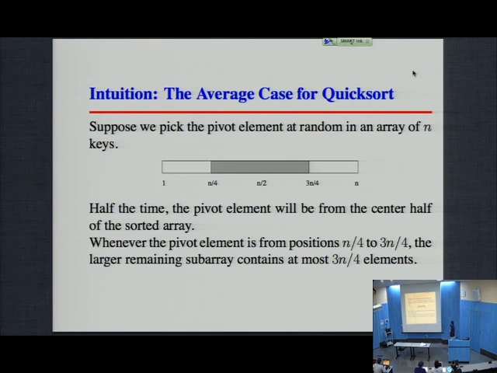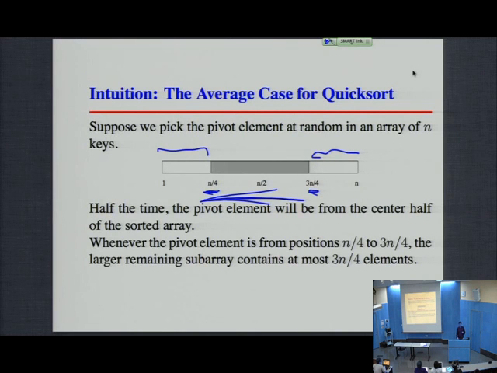Now, let's say we put the elements in sorted order. The elements in the gray are the elements that rank from n over 4 to 3 over 4 in sorted order. They're in the middle of the sorted order, right? This is the top of the graduating class. This is the lucky to graduate part. This is the median part, right?